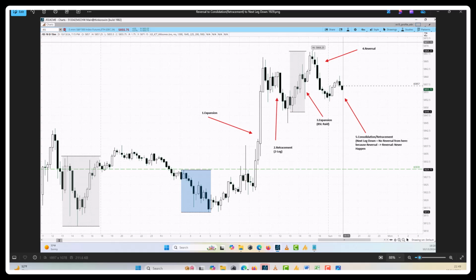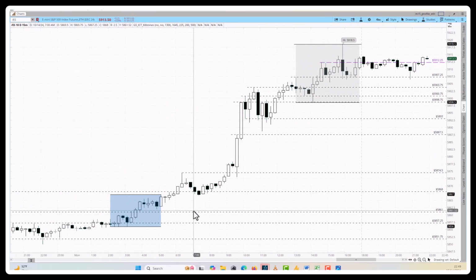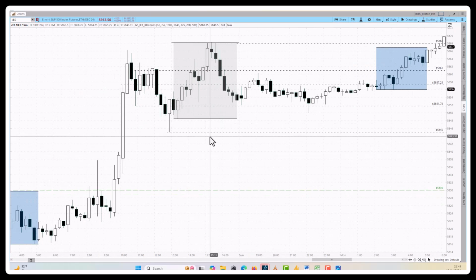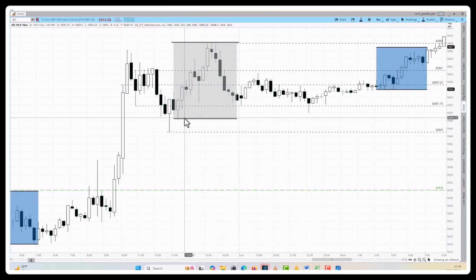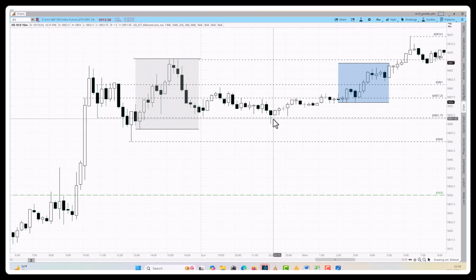Let's take a look at the charts. We put our target down here below the New York PM session, but it did not get there. You see that it only hit the leg level. You see the range right there. So we have to define the right targets.